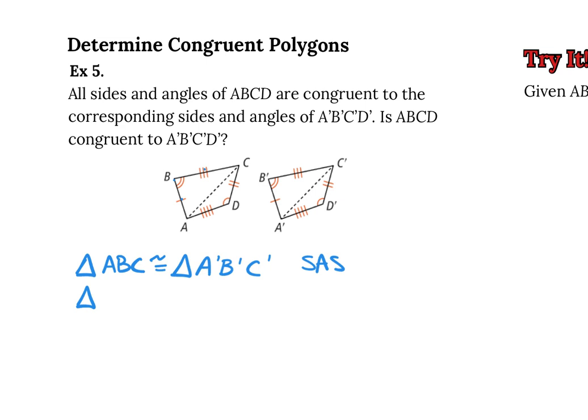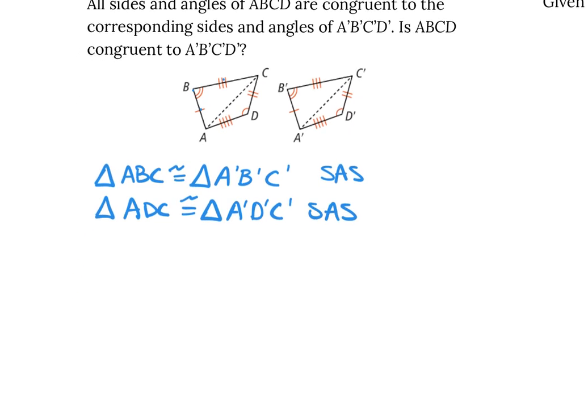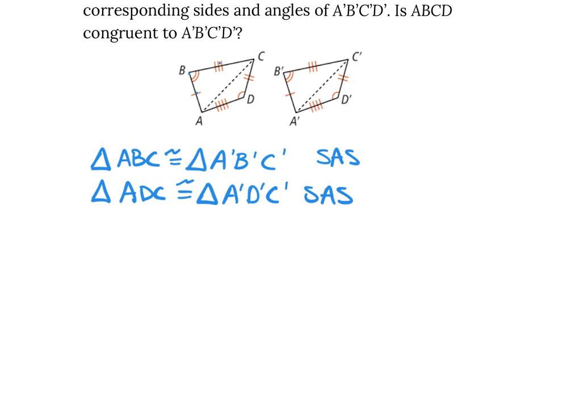Triangle ADC would be congruent to triangle A prime, D prime, C prime through side, angle, side. All right, so that means that a rigid motion would map ABCD onto A prime, B prime, C prime, D prime.